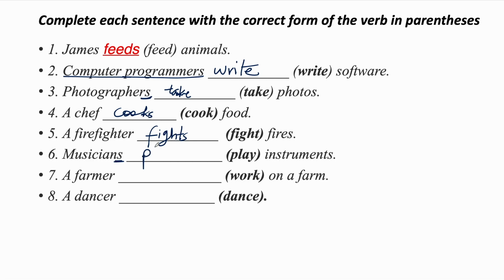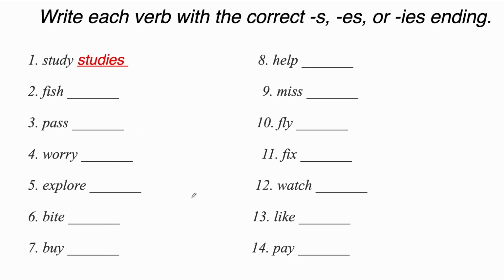So what do? Play, sorry, not S, play instruments. A farmer on a farm is a single person here, so what do? Works. Okay. A dancer, what does a dancer do? Dances. Okay, great.